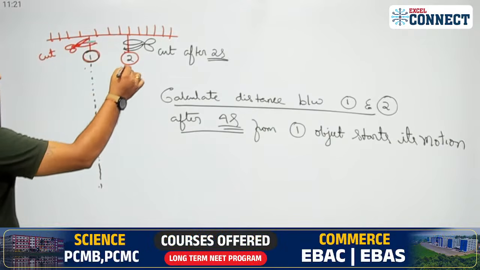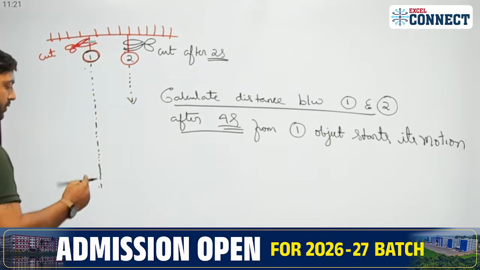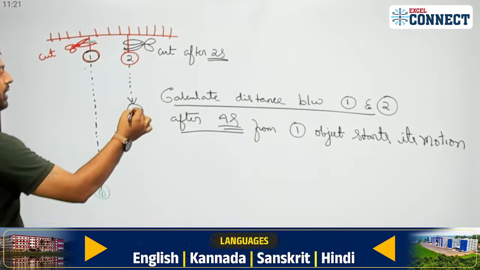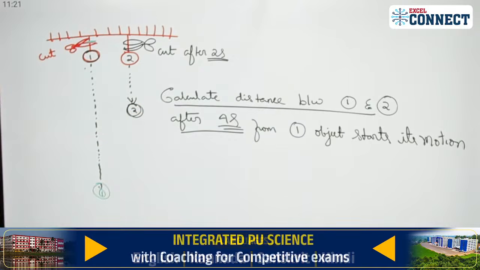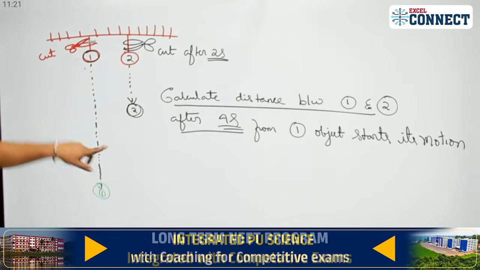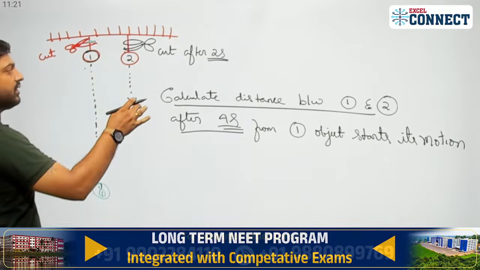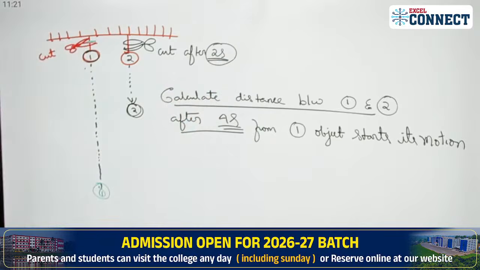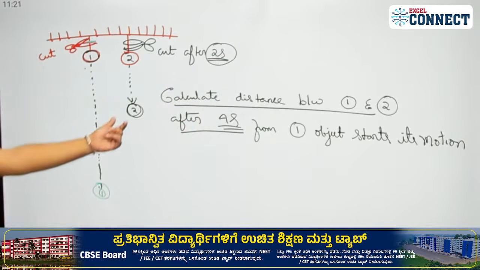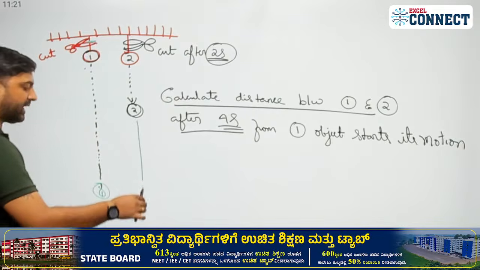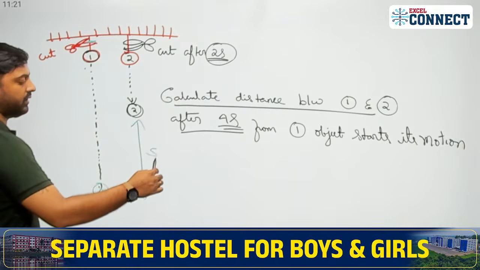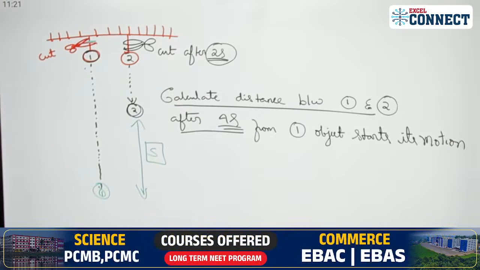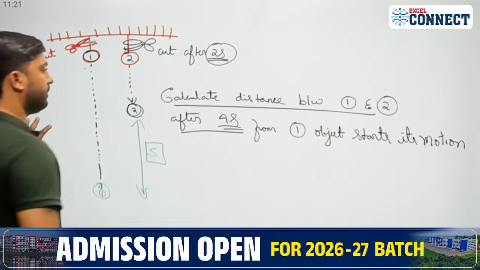So, the first object will be ahead if you compare with the second object, right? First object is cut 2 seconds before and the second object will start its motion after 2 seconds. So, the first object will be ahead, the second object will be behind. So, there will be some gap here. You have to calculate the gap after 4 seconds.